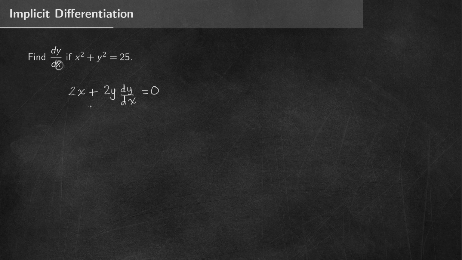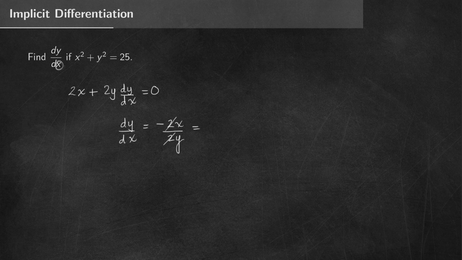So this is my derivative equation, but it's in implicit form right now. It hasn't been solved for dy dx, so we're going to do that as our next step. We want to solve it for dy dx. So I'm going to subtract 2x on both sides and then divide by 2y on both sides. And I get dy dx equals negative 2x over 2y.